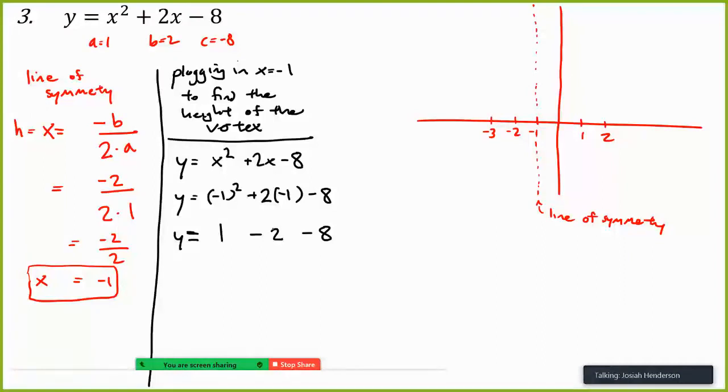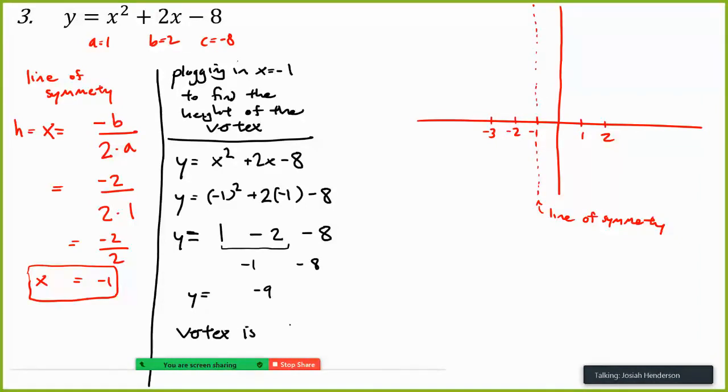Okay, 1 minus 2. I do them one step at a time. 1 minus 2 is negative 1, right? Bring down the negative 8. Negative 1 minus 8, that's negative 9. Yikes. y is equal to negative 9. So now we know the vertex. Let's put this at the bottom.